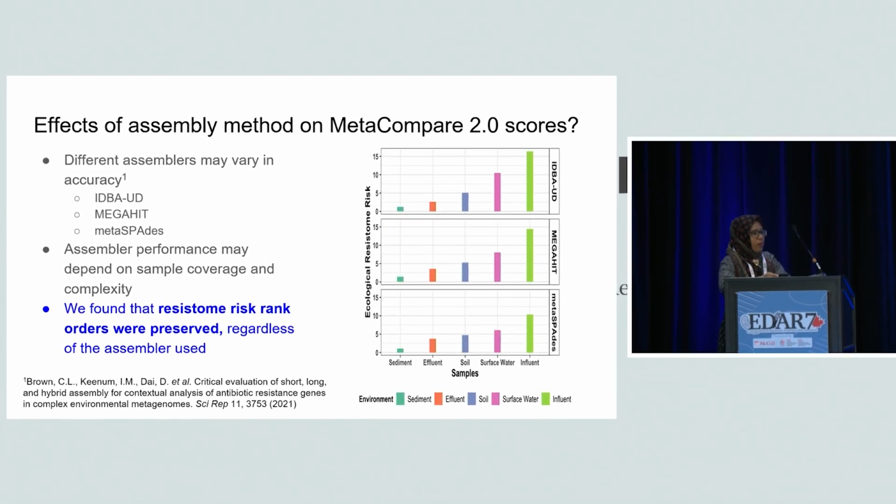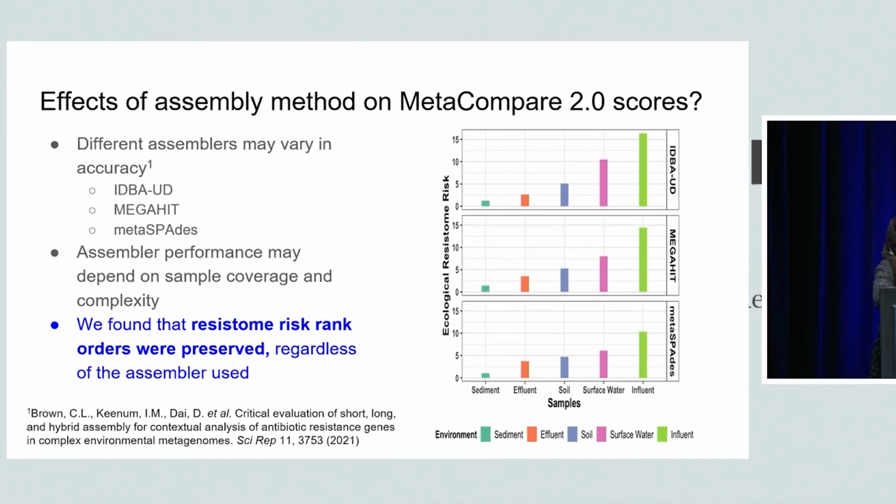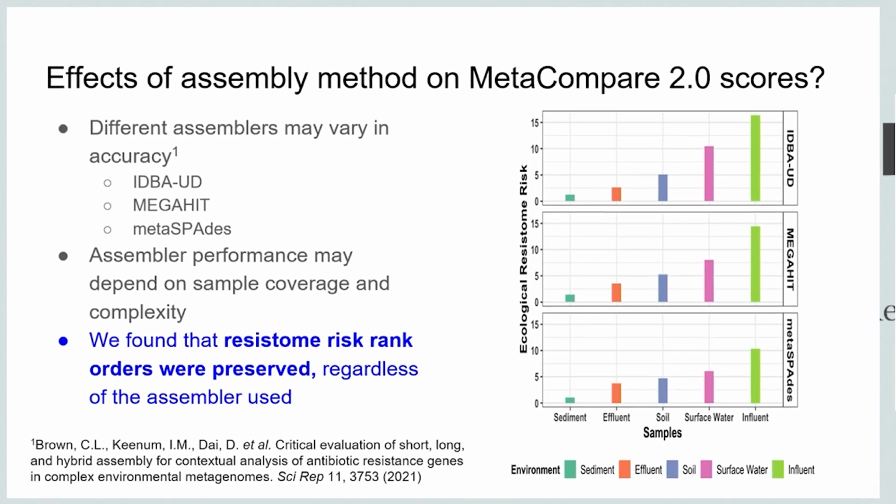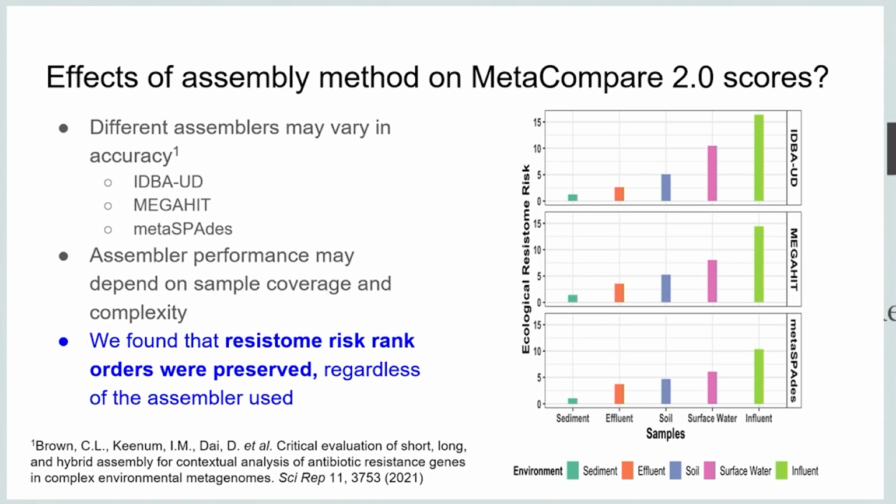When we finally compared their risk score, we noticed that the risk score of a particular sample can be different based on what assembly method you are using, but their rank order remained the same irrespective of the method you have applied.